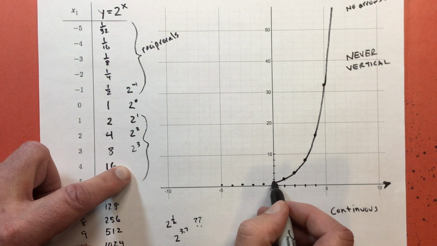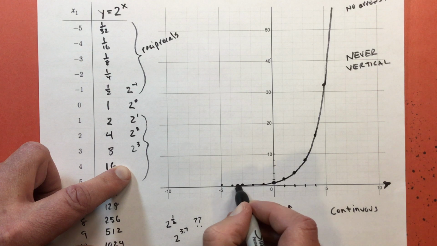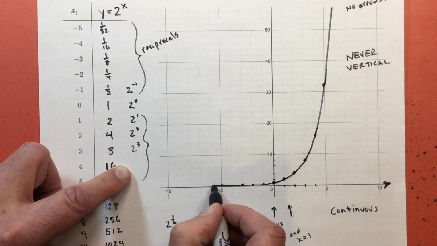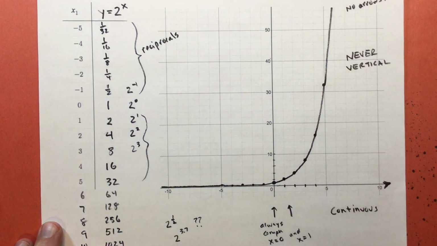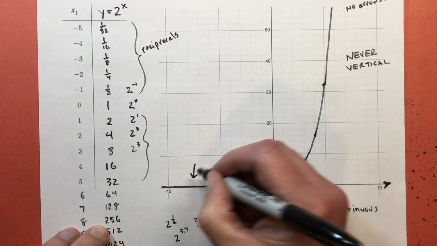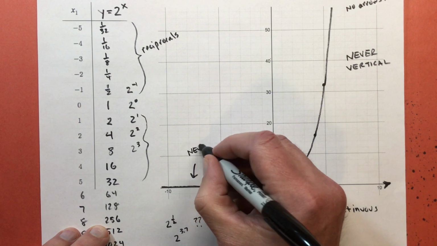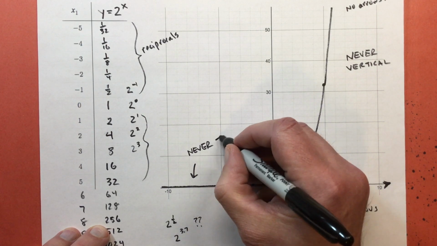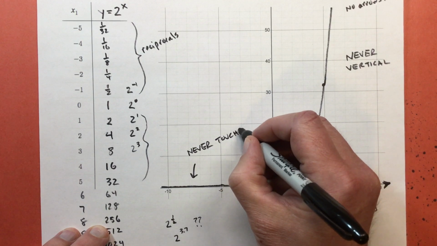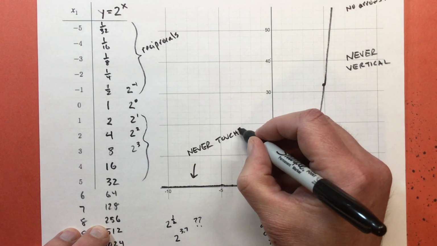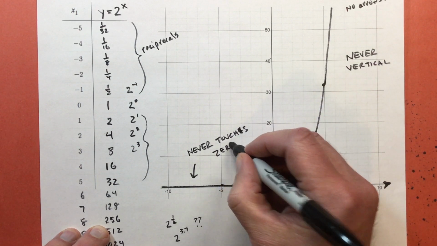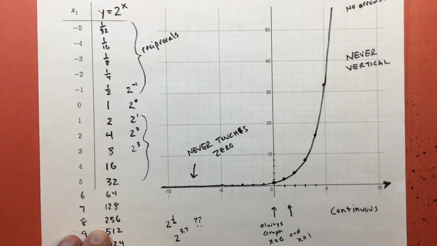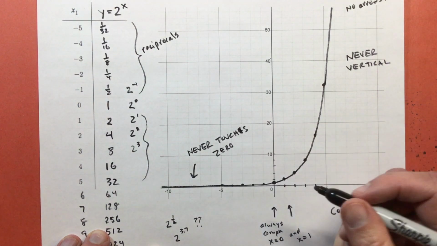So now this part looks like this, and this is where the thickness of my Sharpie marker fails me, because this side never touches 0. So it never becomes 0, so it never touches the x-axis.